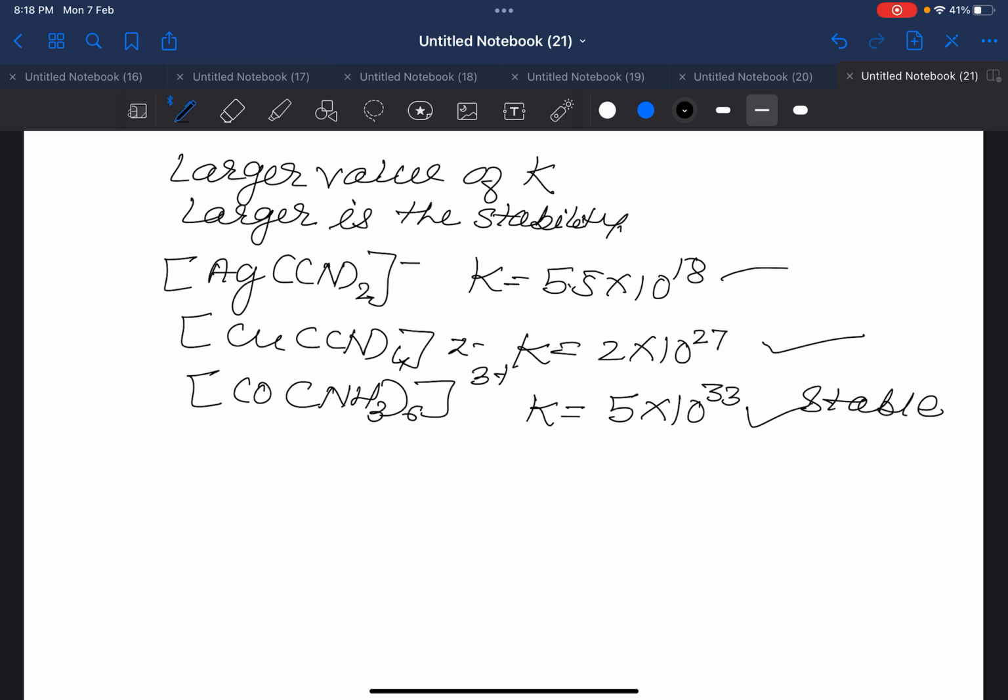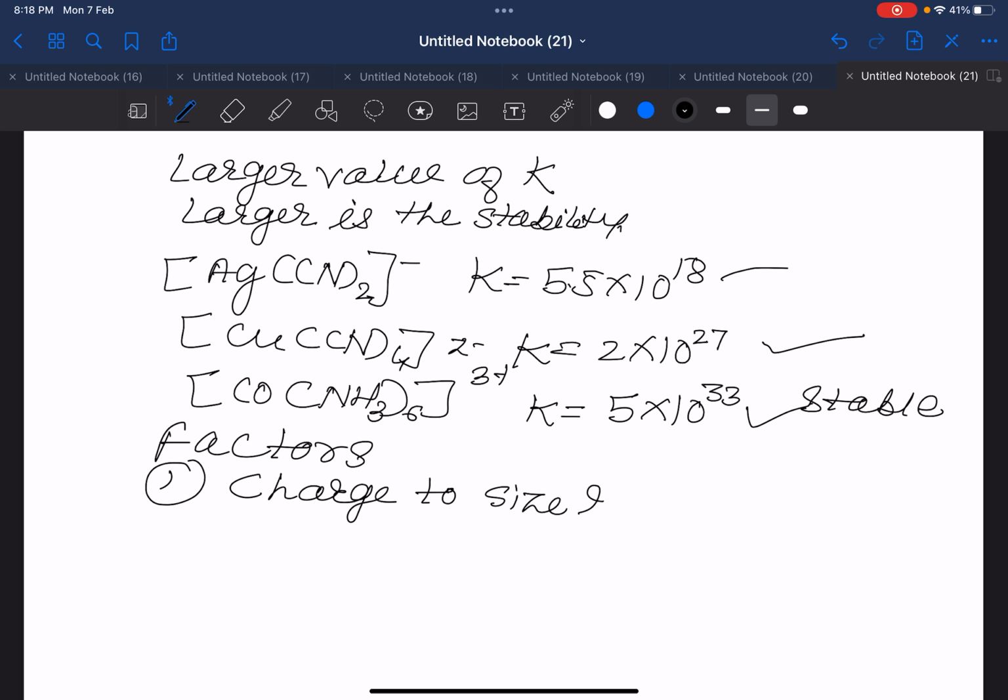Factors which govern the stability of the complexes. First, charge to size ratio of the metal ion. Higher the ratio, greater is the stability.